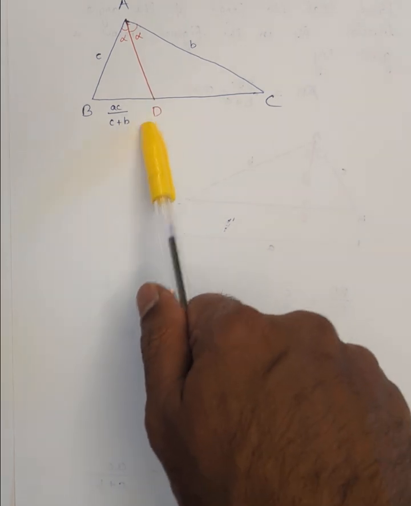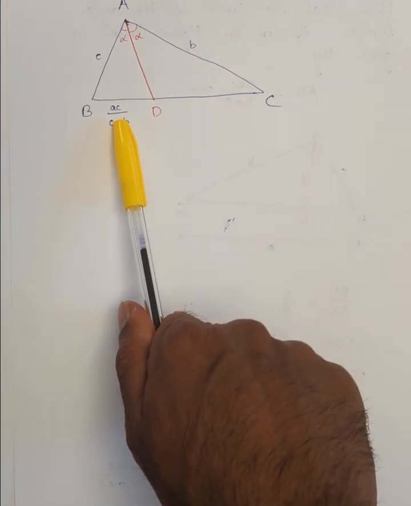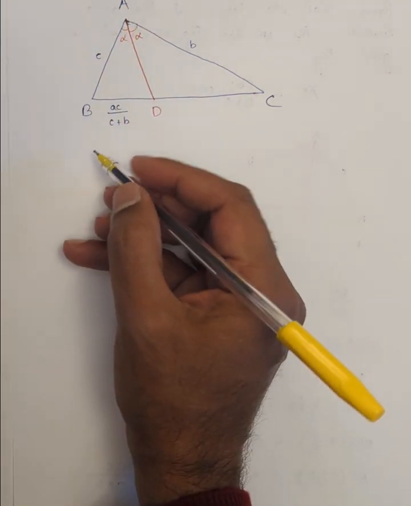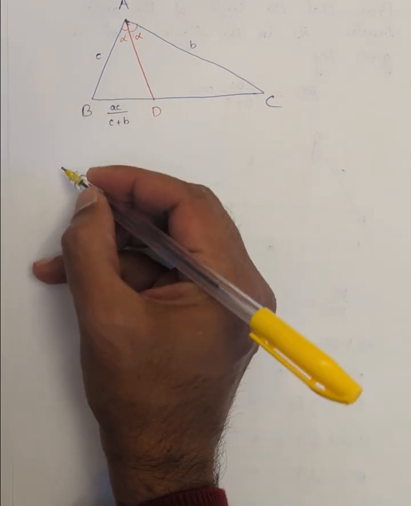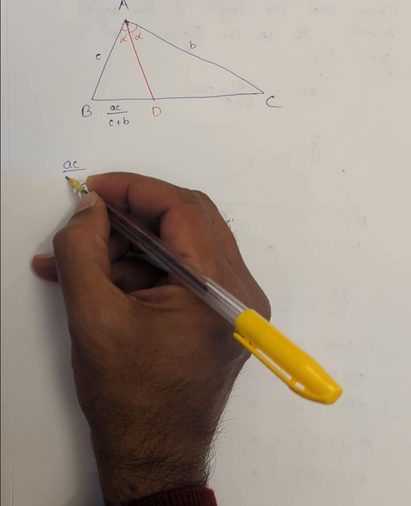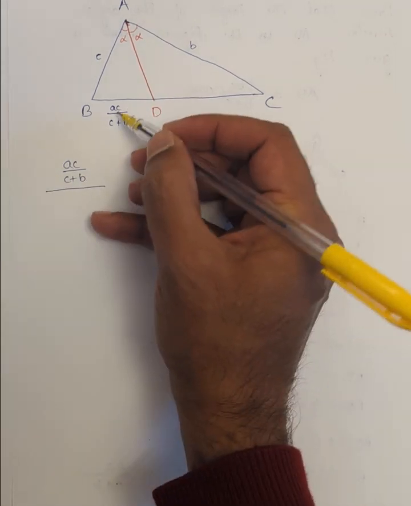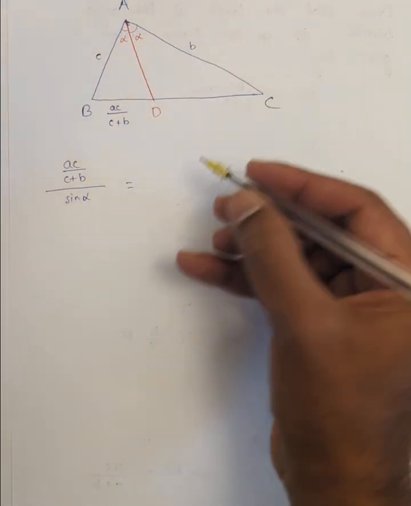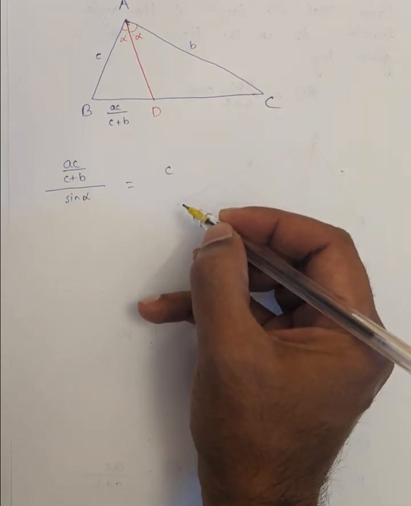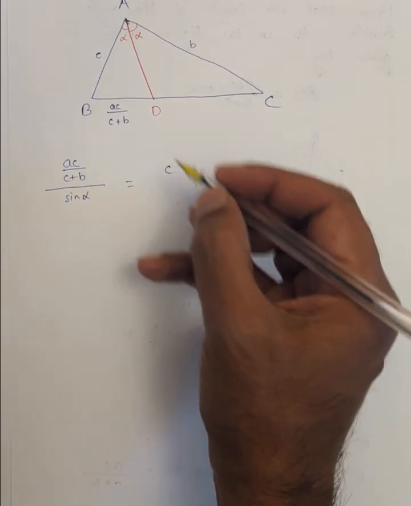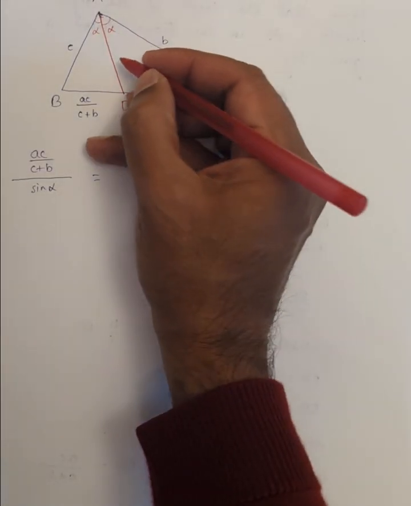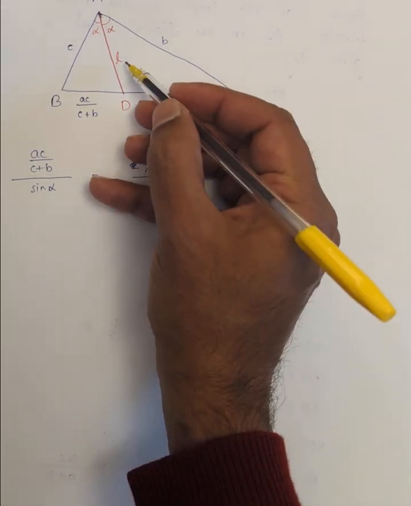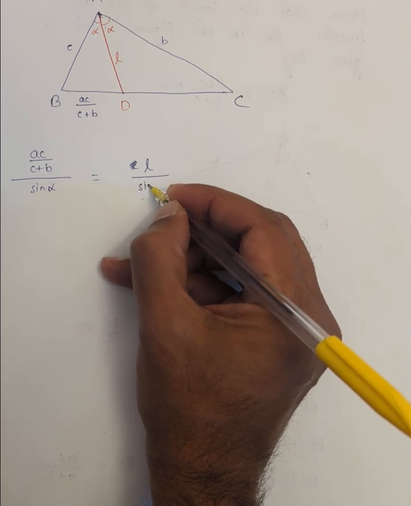All right, so now we can apply law of sines to this triangle ABD. So from the law of sines, we know that if I take this side length BD, which is AC over C plus B, and I divide by the opposite angle, sine alpha, this is going to be equal to, let's use this side, L, over the opposite angle, which is sine B in that triangle.